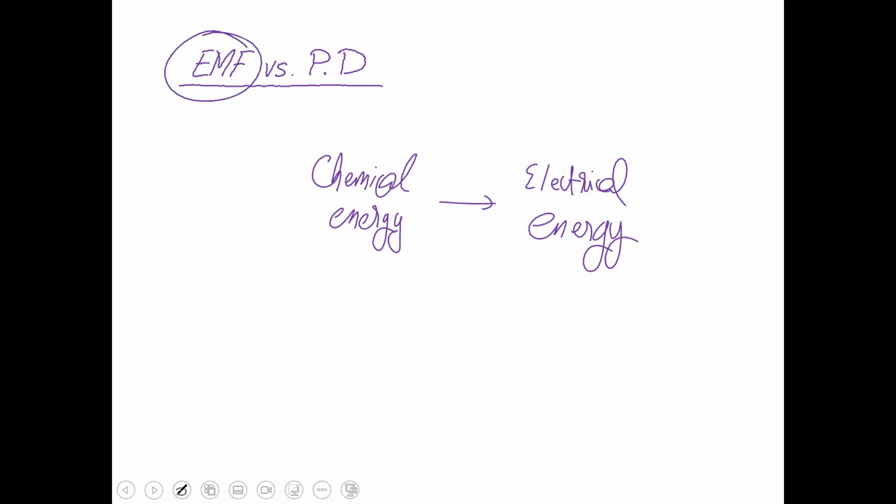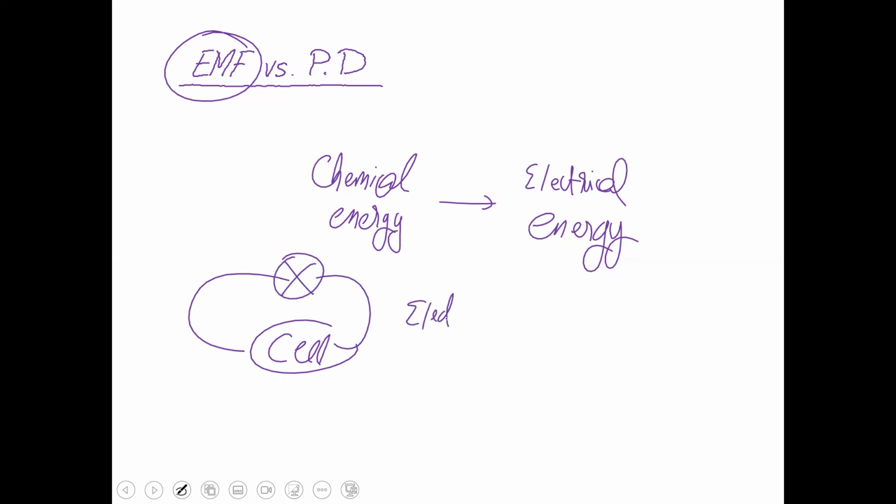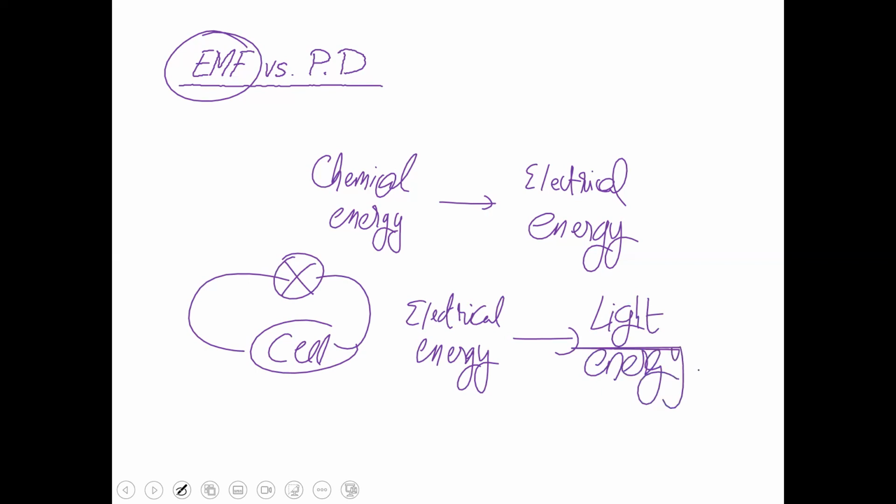This is called the concept of EMF. Now, suppose you use the cell to run a lamp. You have the cell and you connect a lamp with the cell. Now what happens? Now electrical energy converts into light energy.